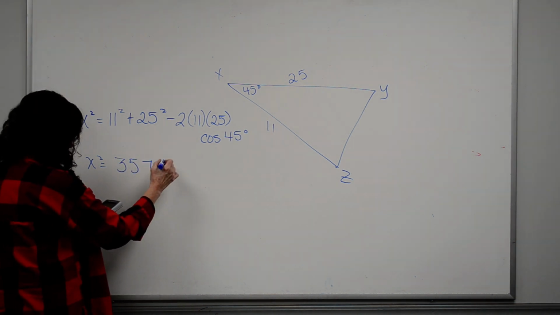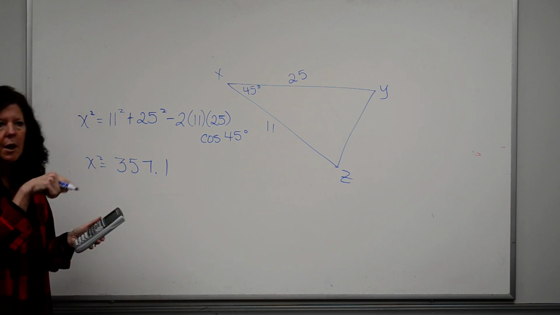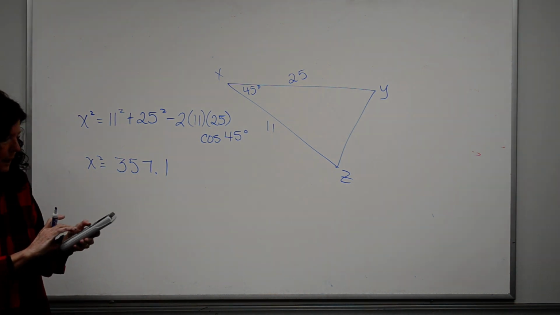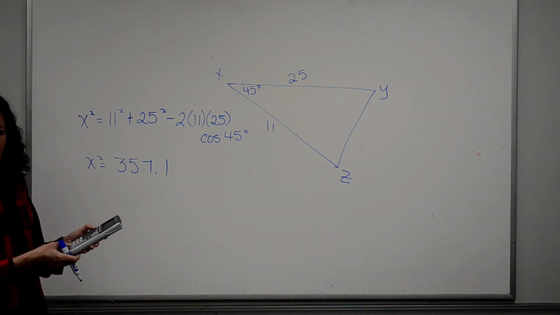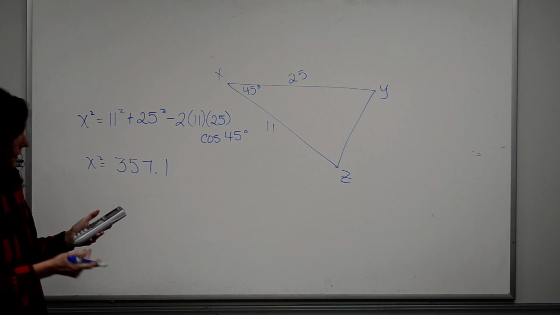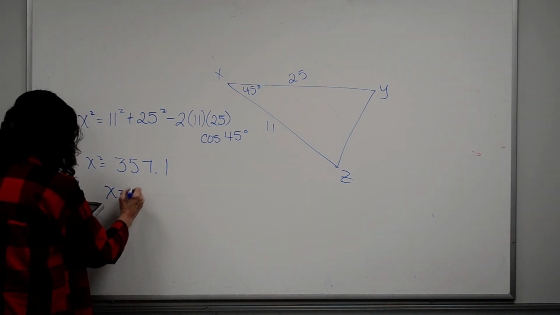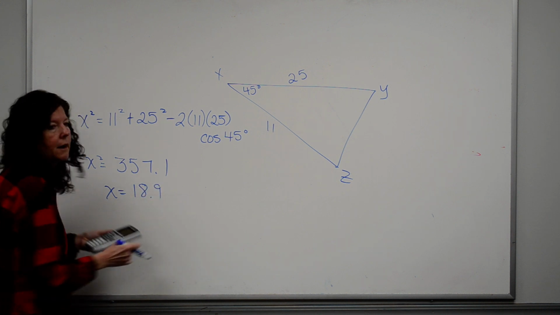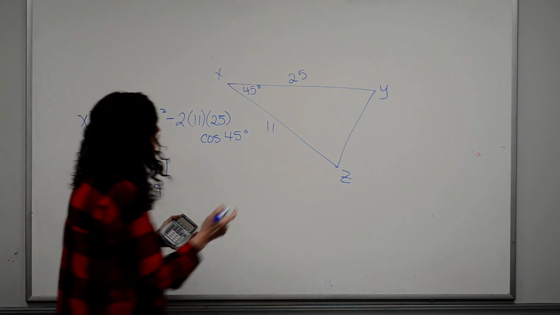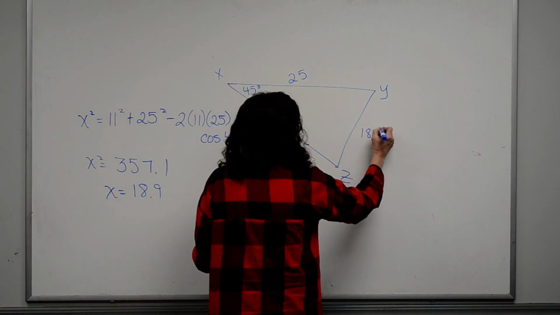Now I wouldn't round it, I mean you can round it to write it down, but I would just leave it in my calculator and go square root and go second answer and let the calculator give you an answer of 18.9.